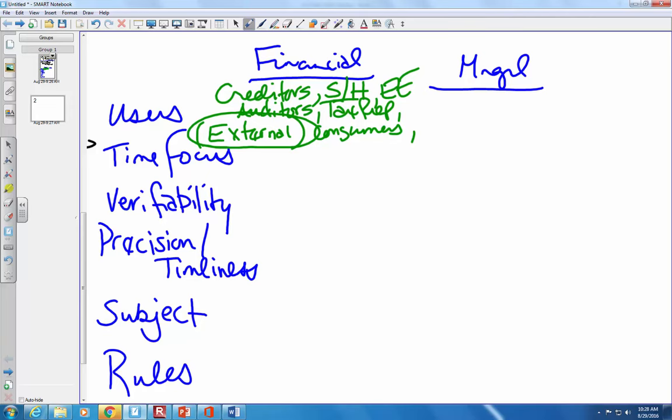Totally different in managerial. Internal. This is used by your management team. This is used by your planning committees. This is used by your segment managers. And what I mean by that is, say that I'm Macy's and I've got stores in 86 markets.